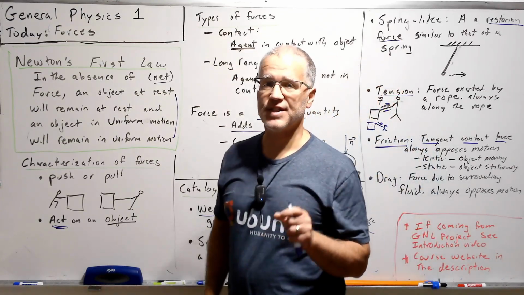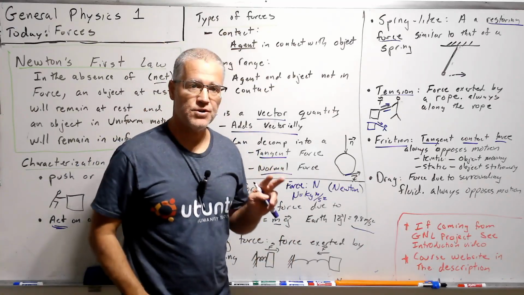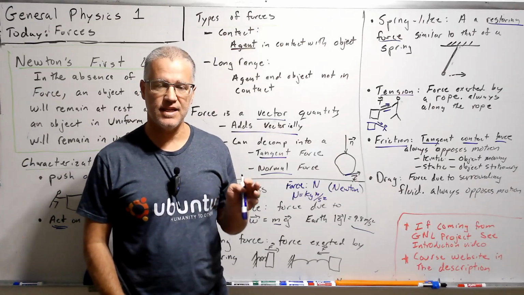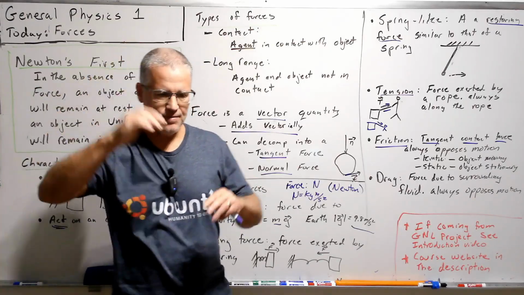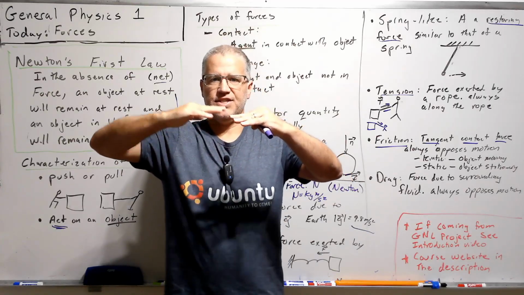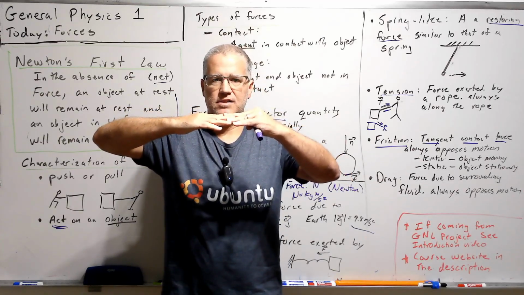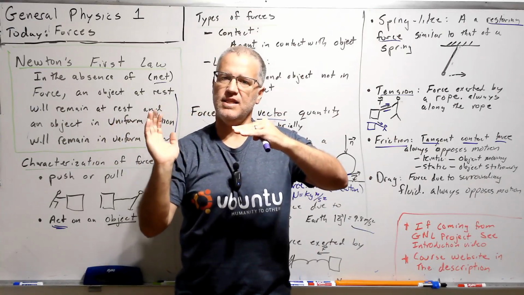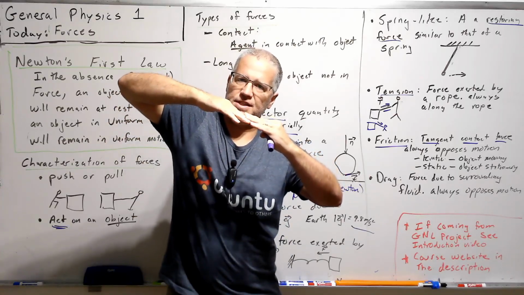Now, the frictional force actually breaks down into two types, static and kinetic or dynamic. So let's imagine this box sitting still on a platform, like a 2x4 or something, and we start to lift it up like this.